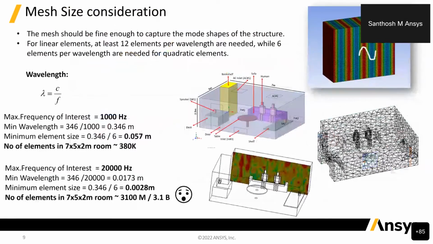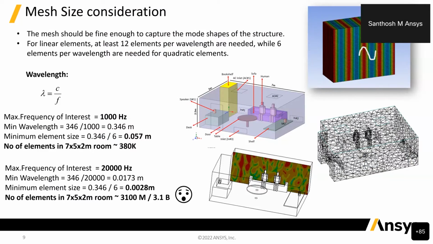So why is it important? Let's imagine we have a room of size 7 meters by 5 meters by 2 meters. There are some noise devices. This is a living room. Assume that we want to understand what the acoustic field distribution is. Let's assume you are playing music or a song from the speaker, and the frequency of that music is somewhere around 1000 kilohertz.